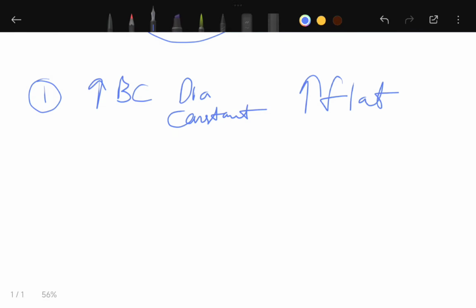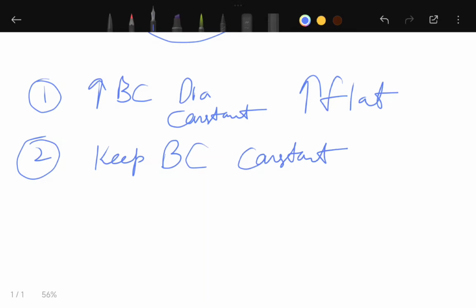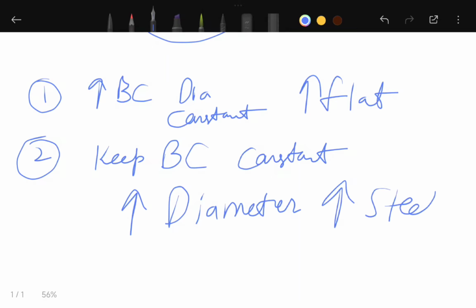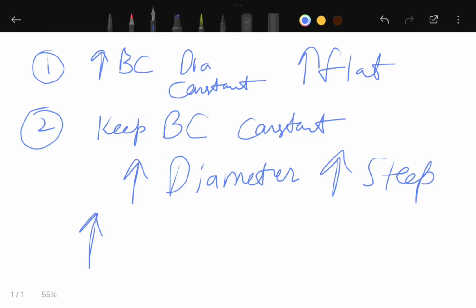Second thing: if you keep the base curve constant and you increase the diameter, the lens will become more steep. And third thing: the higher the sag value, or the higher the sagittal depth, the lens will become more steep.